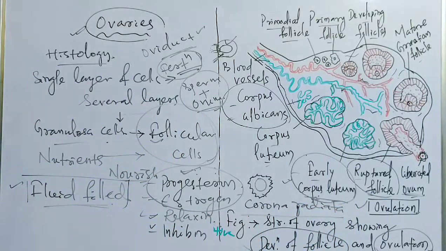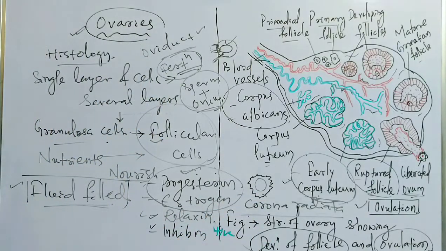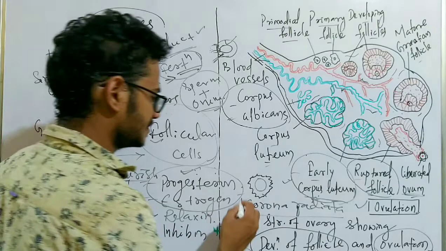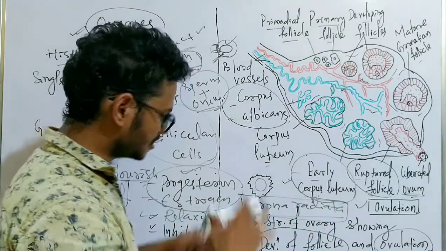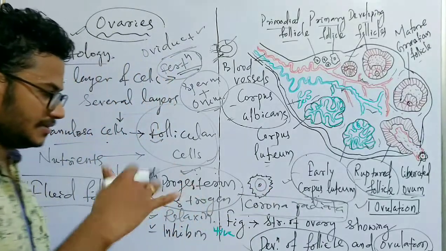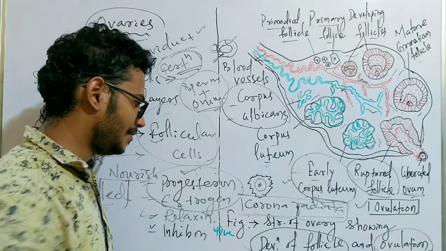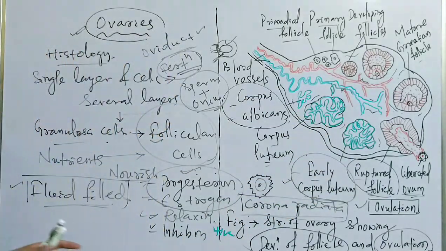So there are different layers, like the corona radiata and zona pellucida. We will discuss in detail the different extracellular structures or layers present around the ovum in the next class, where we will also go into detail about the other parts of the female reproductive system.